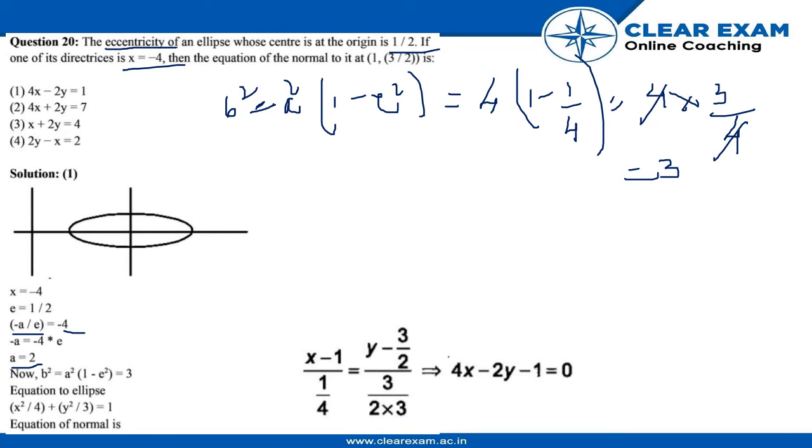Now we will simply write the equation of the ellipse, and the equation of the ellipse is x square by a square plus y square by b square equal to 1. Now simply put the values of b square, and a which we just computed.